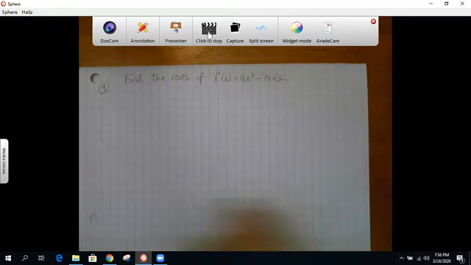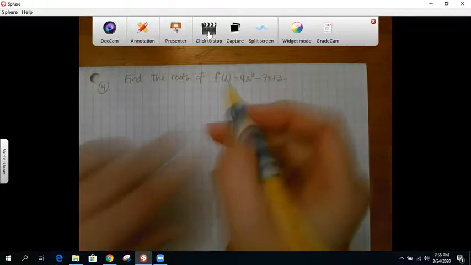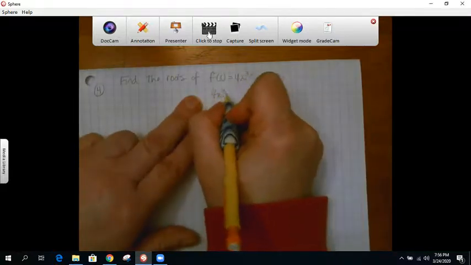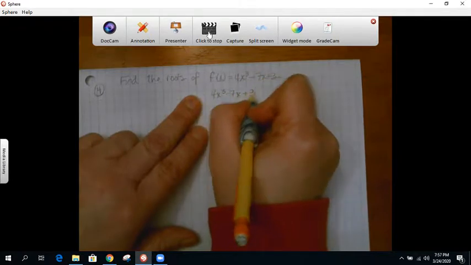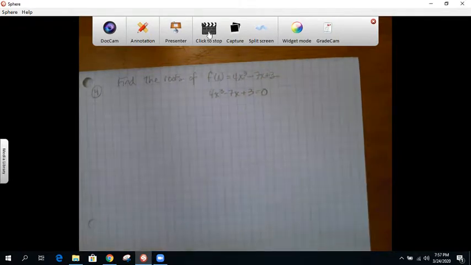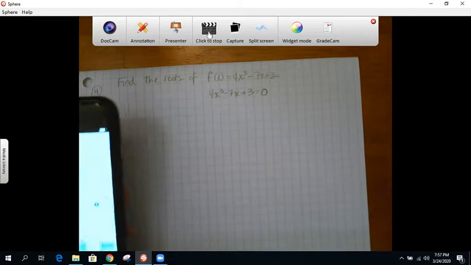Okay, so this one asks you to find the roots. Okay, so whenever I'm asked to find the roots or solve, we're trying to figure out what would make this polynomial equal 0. Okay, so the first thing you could do is put it in your calculator and factor it, and it does end up factoring.